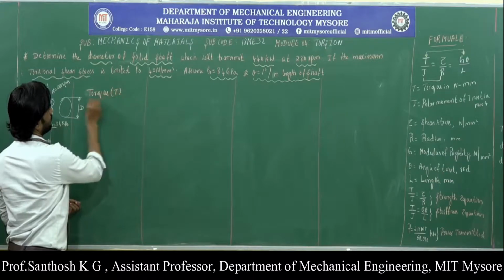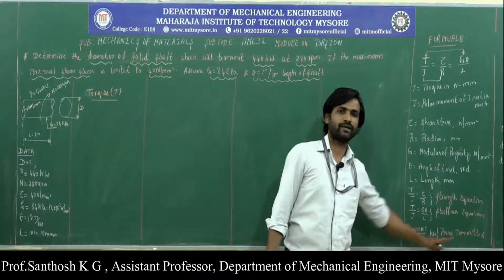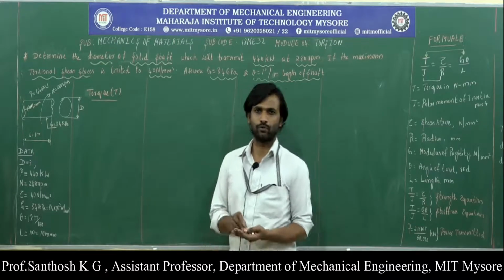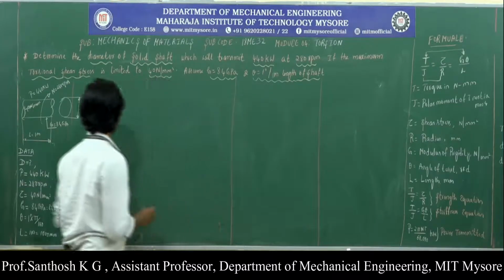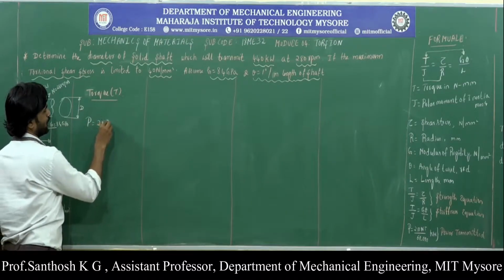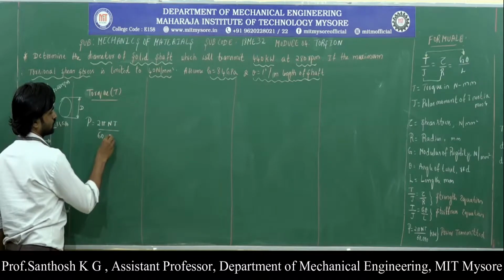In order to find the value of torque, we can make use of the power transmission equation, which is P equals 2 pi N T divided by 60,000.